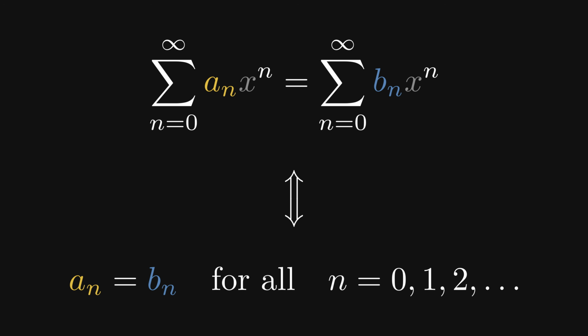Let's get to it. We start by unwrapping the definition of F(x), writing out the terms one by one. F(x) equals f0 plus f1 times x plus f2 times x squared, and so on.